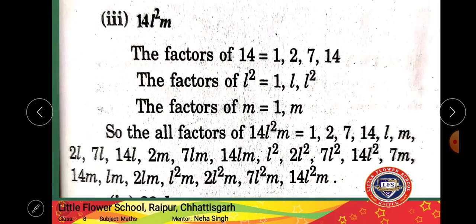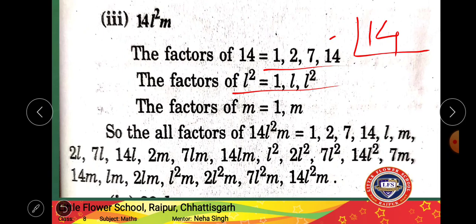Now next, 14l square m. Again I will write the factors of 14. Let me do the prime factorization of 14: 2 sevens are 14, 7 ones are 7, right? Through this also we can find the factors of 14.